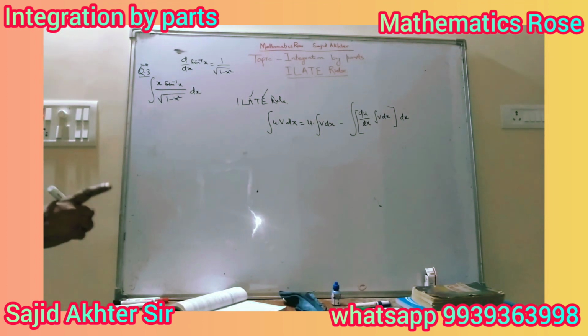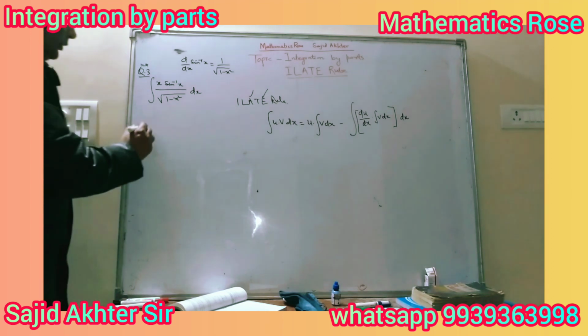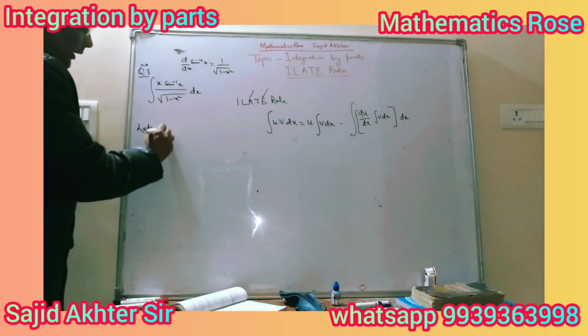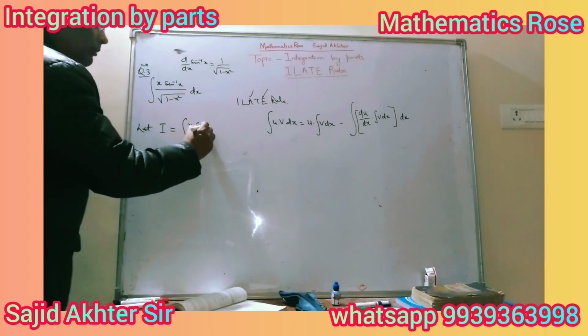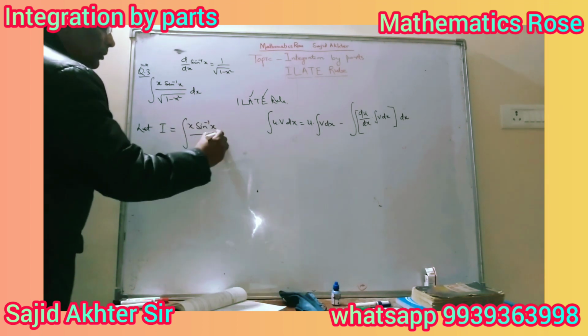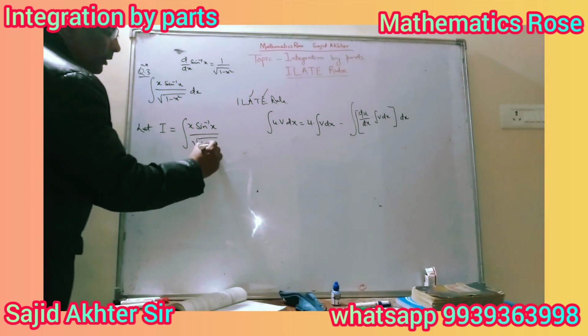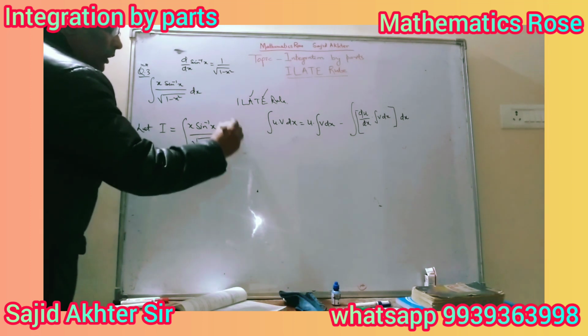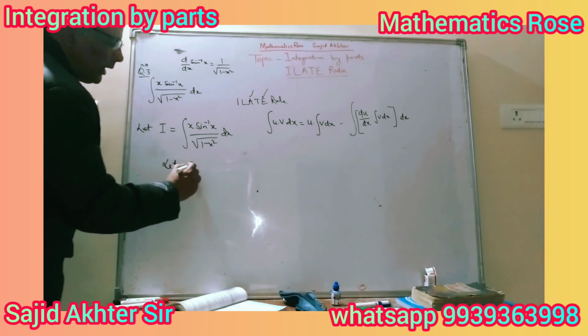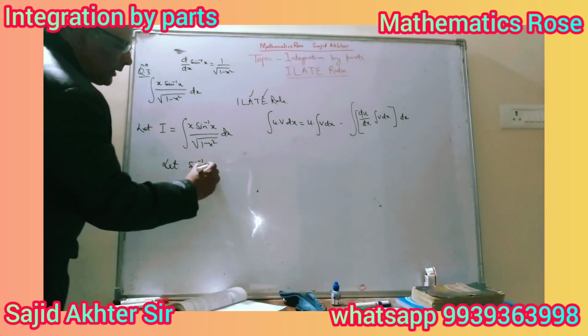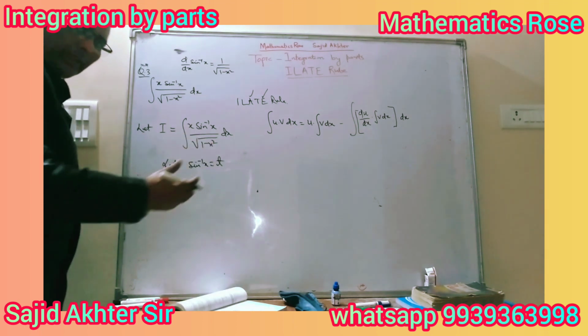So substitution will also take place here. Let us suppose I is equal to the integral of x sin inverse x upon root under 1 minus x square dx. Let sin inverse x be equal to t, another variable.